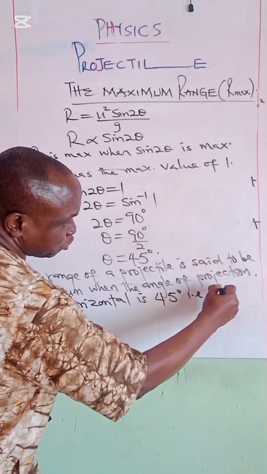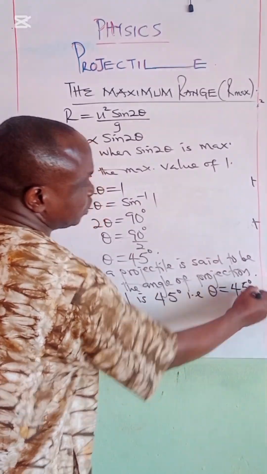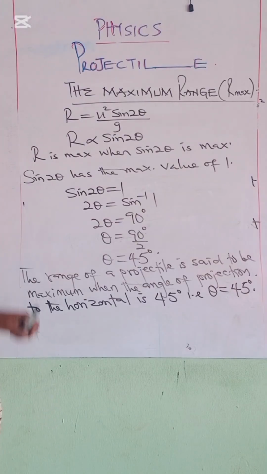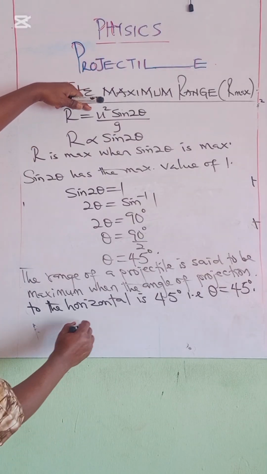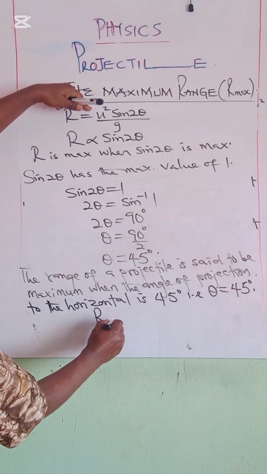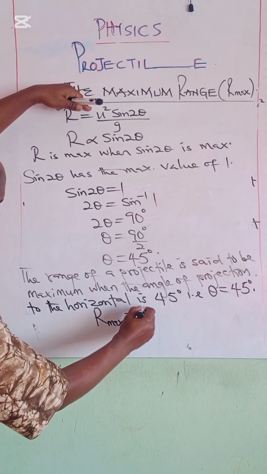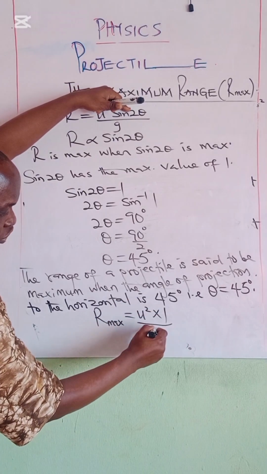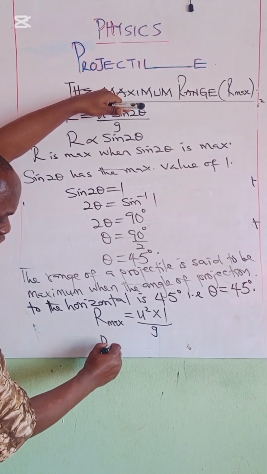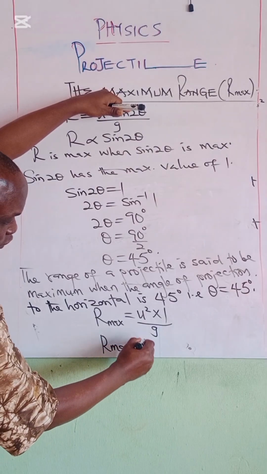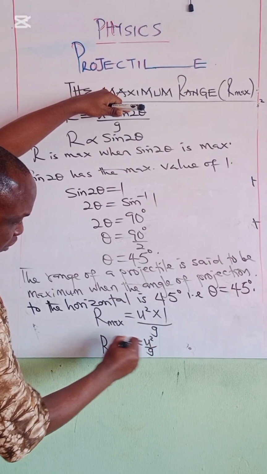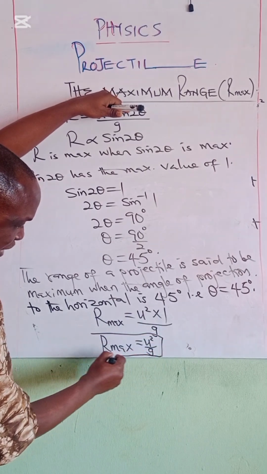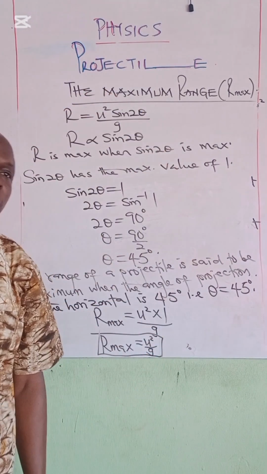That is, theta must be equal to 45 degrees. Then we say the range is maximum. So from this formula, I can say R maximum will be U squared sin 2 theta, which is 1, all over G. So the formula for maximum range is U squared all over G. This is the formula for finding maximum range.